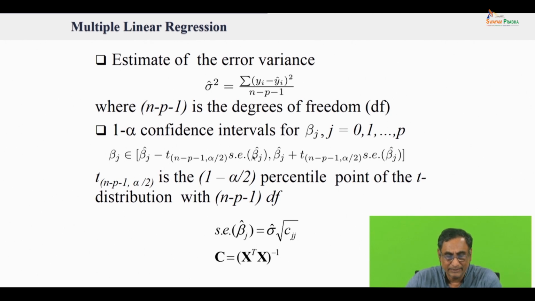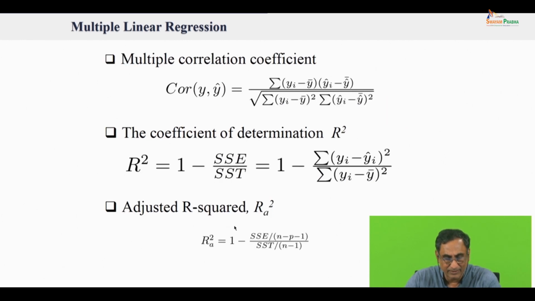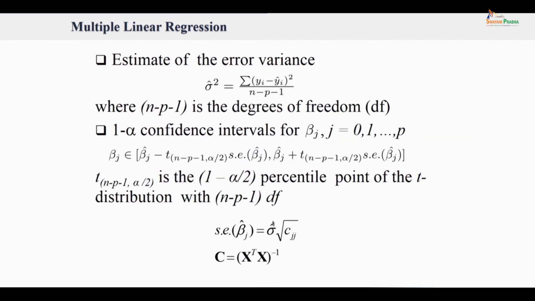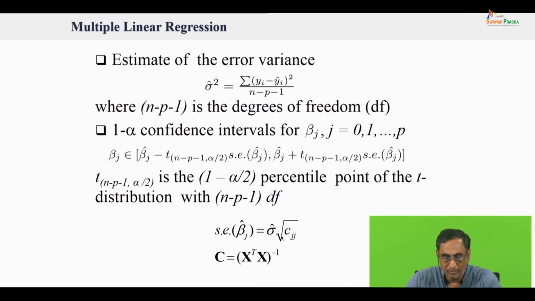and the term here, SE of beta hat j, represents the standard deviation of the estimate beta hat j, and that is given by the diagonal element of this quantity with sigma squared replaced by the estimate. So we have computed the standard deviation of the estimated parameter beta hat j by using the estimated value of sigma multiplied by the diagonal element of x transpose x inverse.